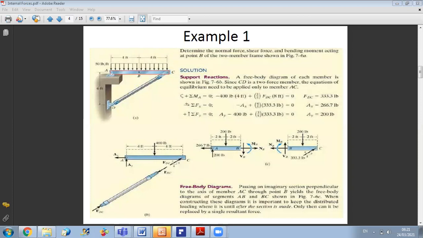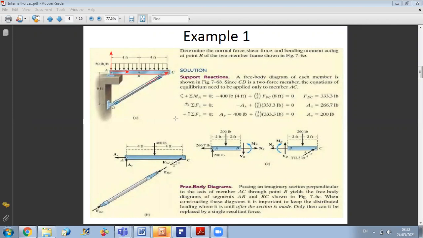You have a pin at A, so you have at A, AX and AY, plus it is connected at C to a two force member CD. Whenever you have a two force member, the force will be along the two force member. So here, the action of the two force member on the beam will be along DC. So it will be like this.